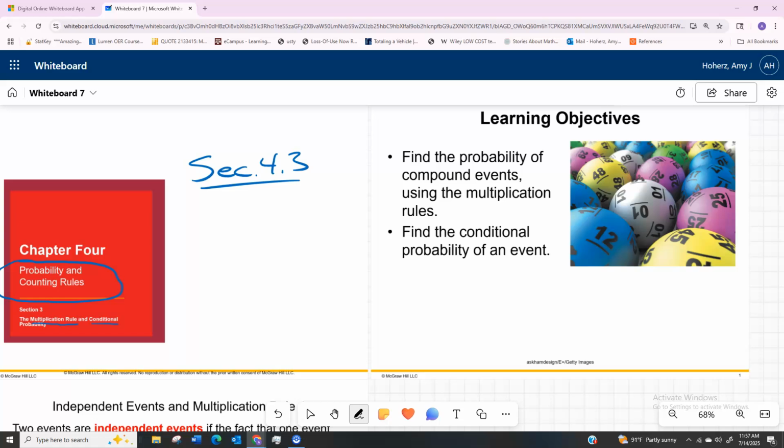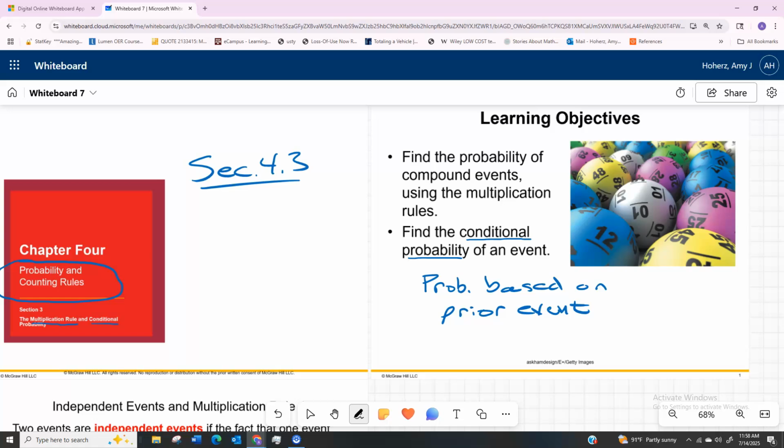The other thing that we're going to talk about is conditional probability of an event. When we're talking about conditional probability, we're talking about probability based on something that's occurred prior, a prior event. Remember, think about what the word conditional means.